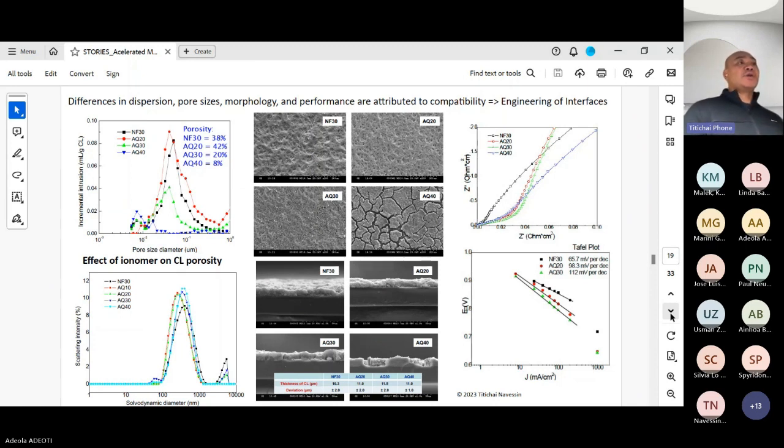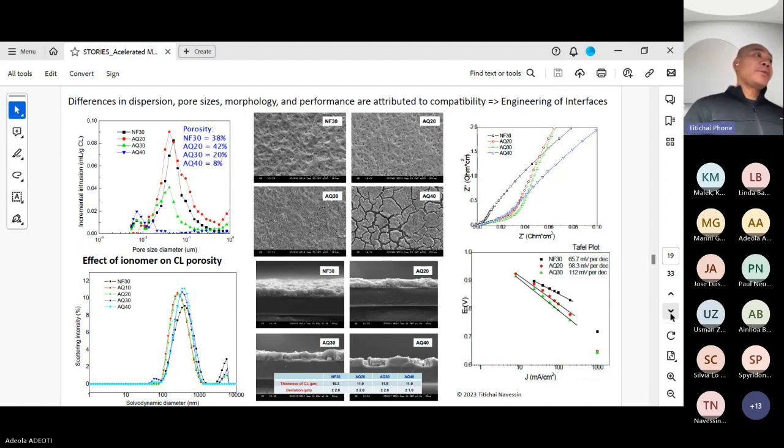or alternative short side chain. The figures in the middle show you the MEA with Nafion at 30 weight% in the catalyst layer, and the MEA with Aquivion at 30 weight%, 20 weight%, and 40 weight%. You can see that when you increase the volume fraction of ionomer, it affects multiple factors here.